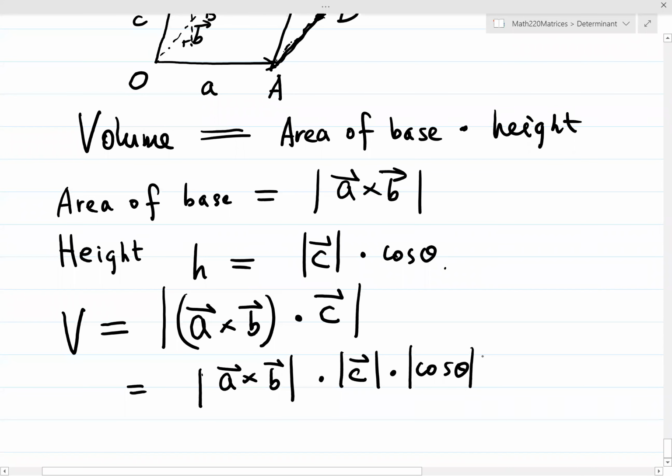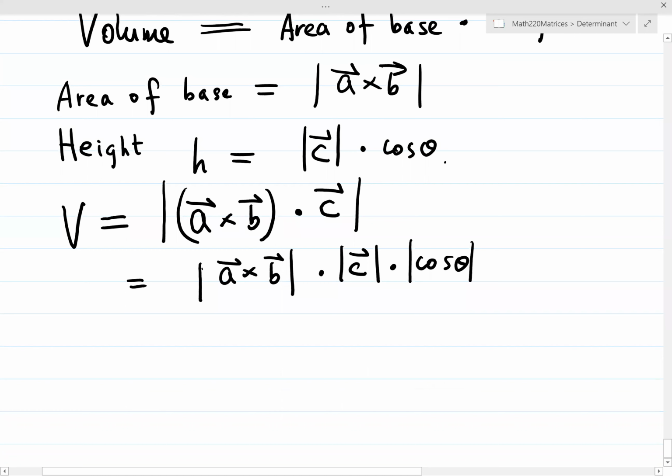Now let's determine what this looks like. The volume is the absolute value of this scalar, A cross B dot C. Now A cross B gives us a vector, and a vector dot product with a vector gives us a scalar. So this is indeed a scalar.